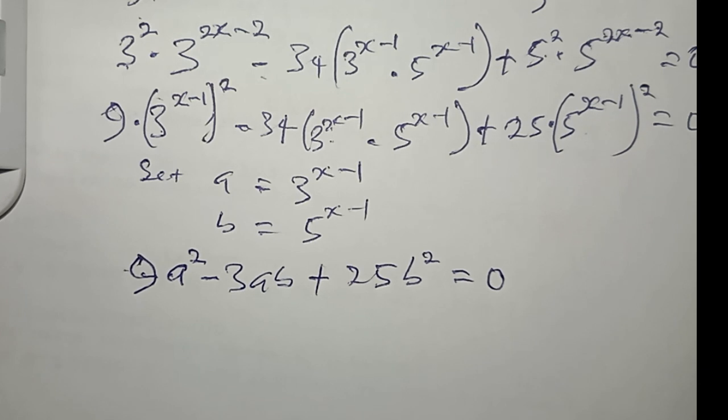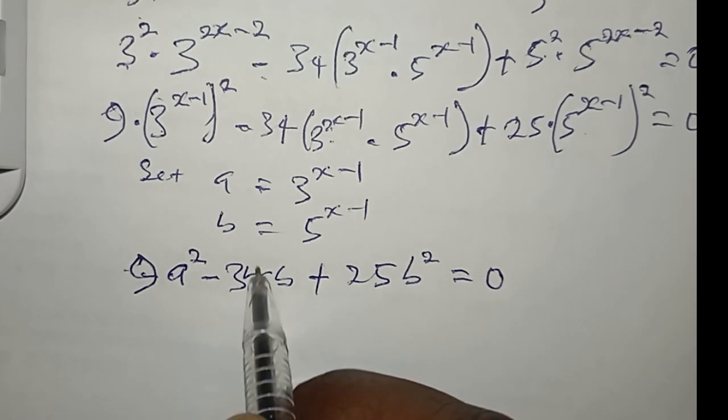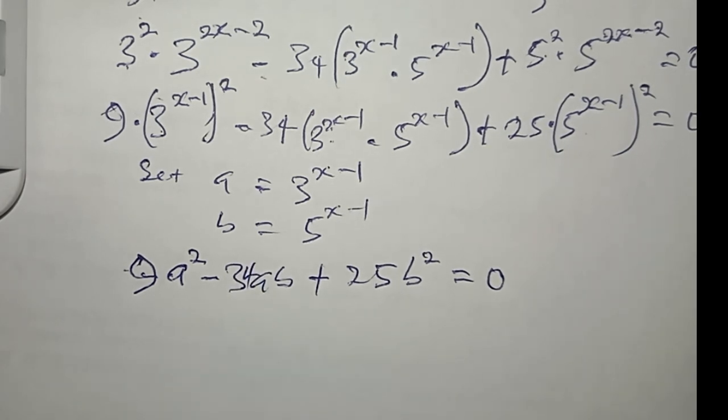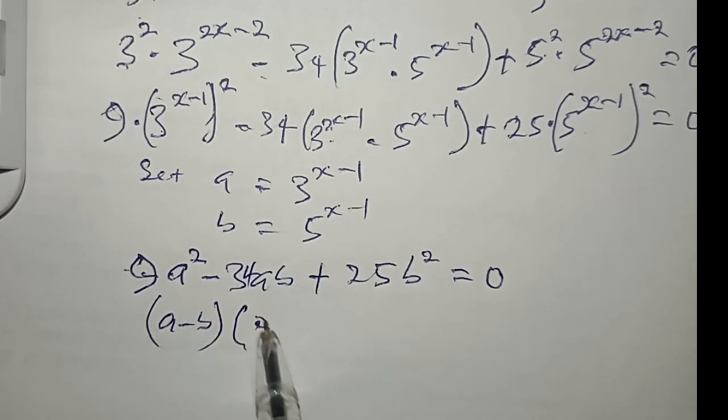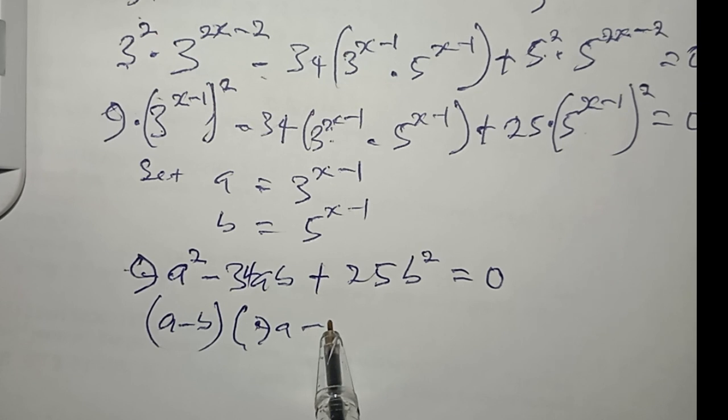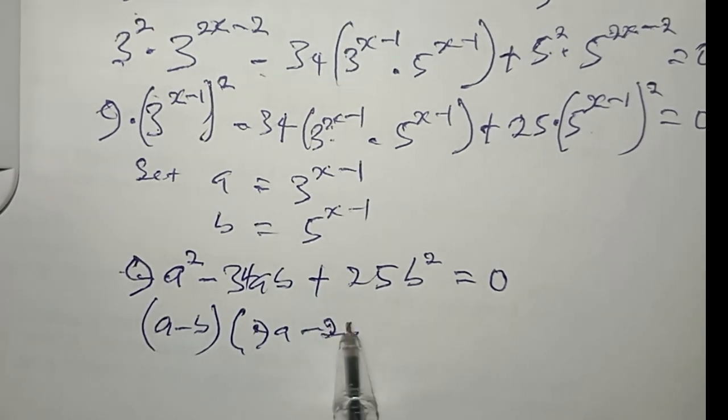So what we're going to do here is, if you look at this very well, sorry, this is 34, you can just find a way to factorize this. Of course, by inspection, you're going to be seeing that if you factorize this, you're going to be having a minus b, and then multiply by 9a minus 25b.